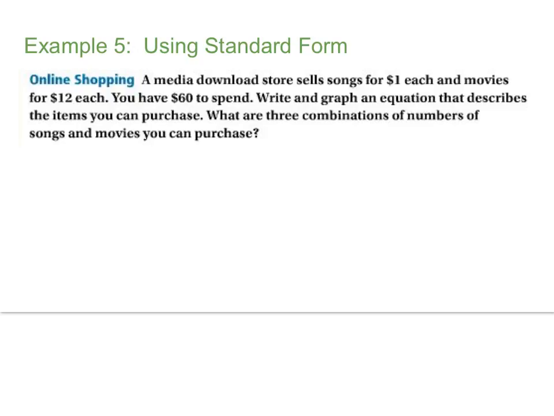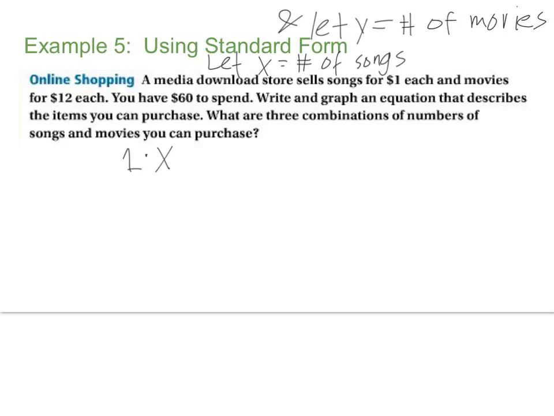So the first thing is I have 2 rates rather than 1. And when I have 2 rates, I actually have to use both variables on one side of the equal sign. So I have $1 each. So I have 1 times one of the variables, which will be x, if we let x equal number of songs, and if we let y equal number of movies both purchased.